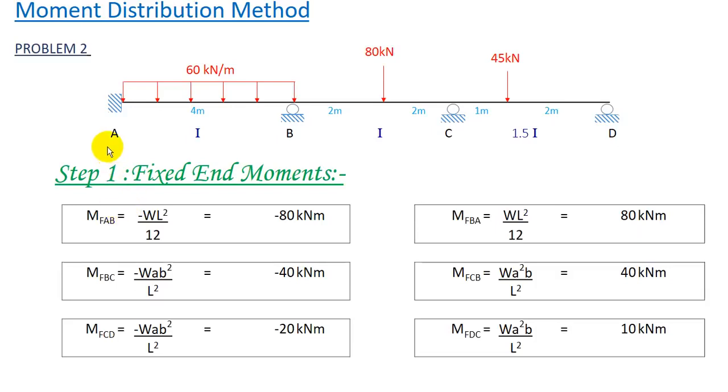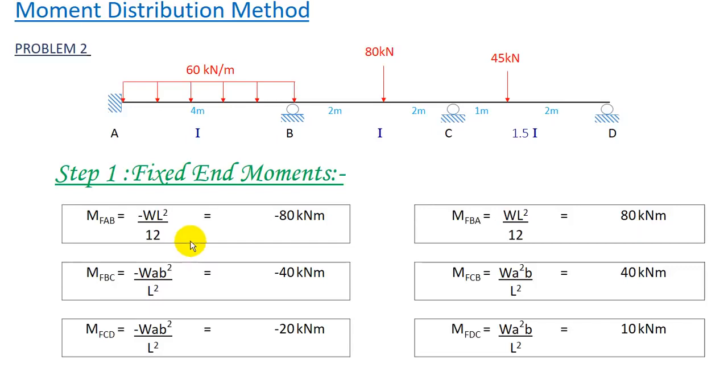So first is MFAB, that is fixed end moment at A to B. MFAB is minus WL square by 12 because there's a UDL spanning across this segment AB. W is 60, L is 4 meters, and MFAB comes out to be minus 80 kilonewton meter. There's a reason that I've taken the minus sign.